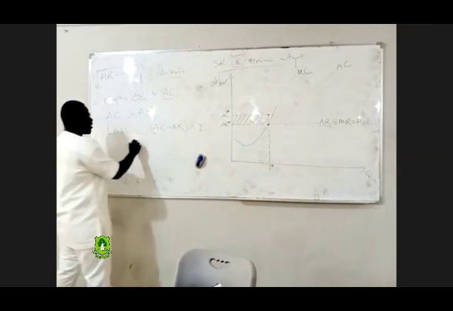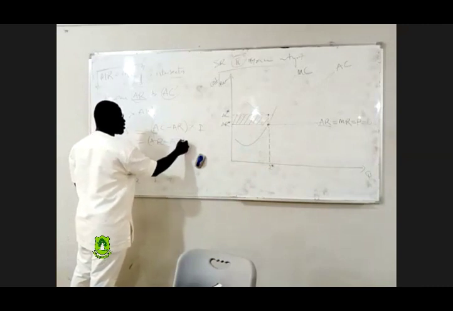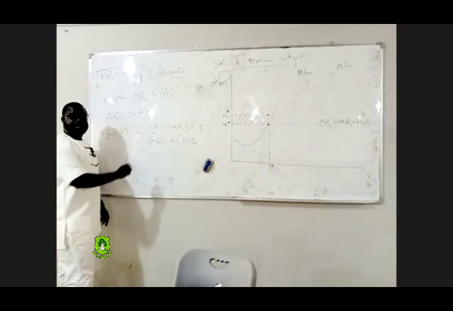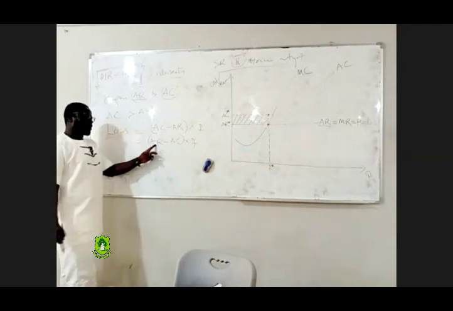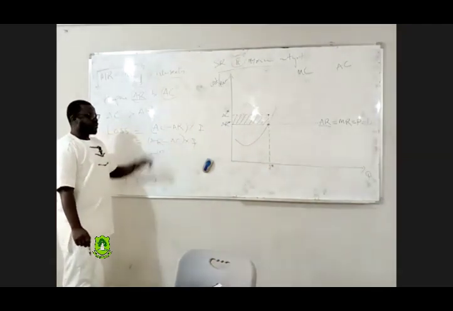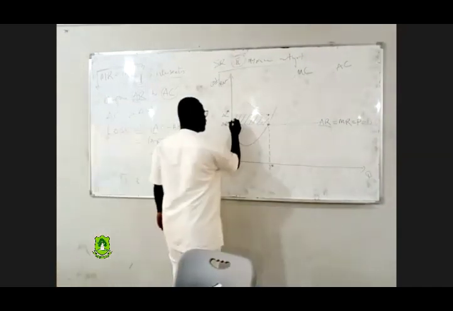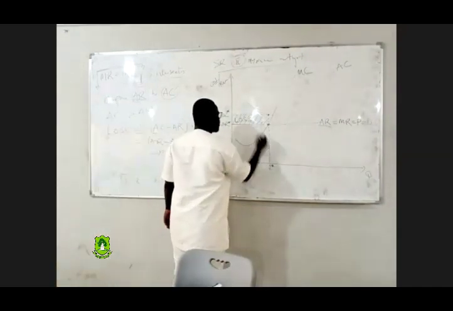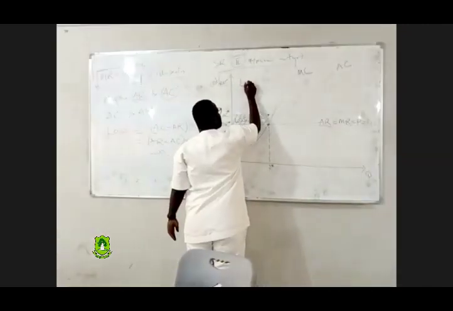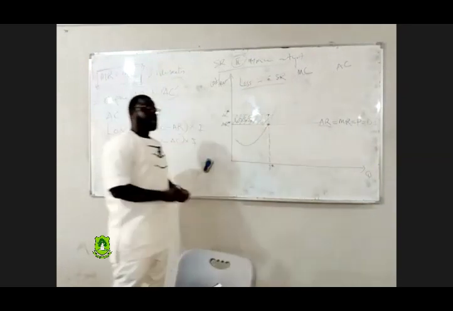In other words, it could also be average revenue minus average cost, times quantity, but here the value will be negative, because your average revenue is less than the average cost. So in this case, we are making a loss, and the loss is given in this particular shaded area. This is the situation where the firm is making a loss in the short run.